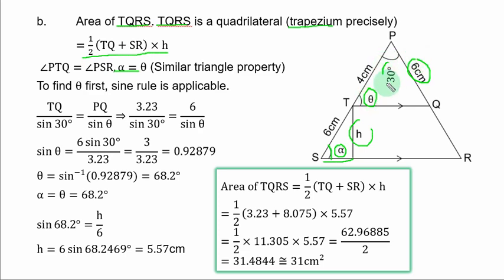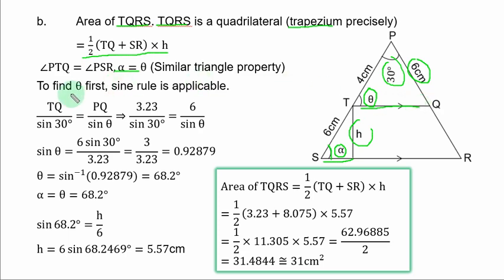Now to get theta, you have this side known, facing theta. Now 30 is known, and we know TQ as 3.23. SR is 8, so we know TQ. So you know when you have two sides and one angle and you want to get another angle, you use sine rule.